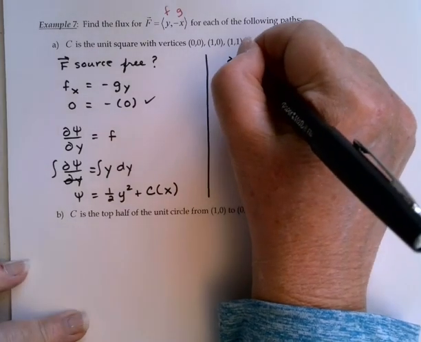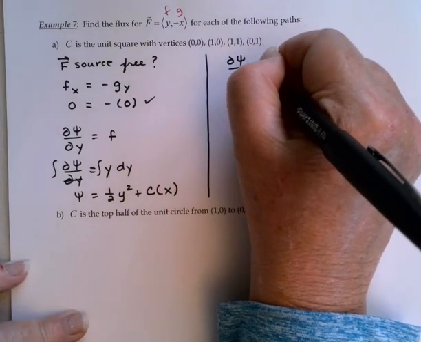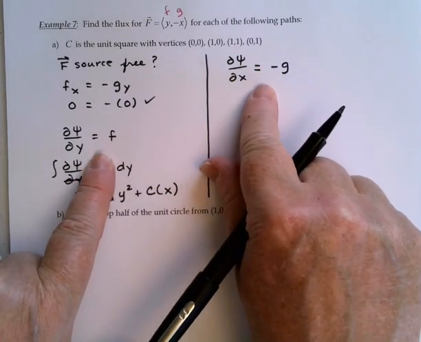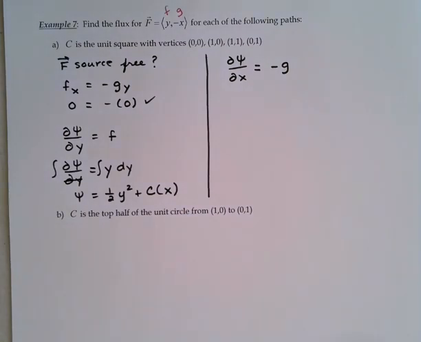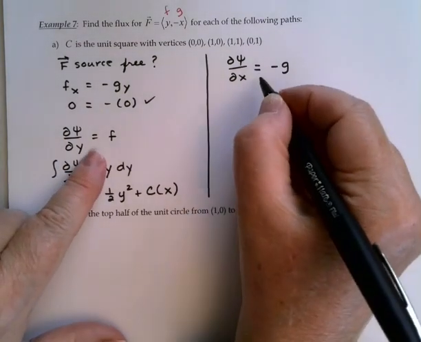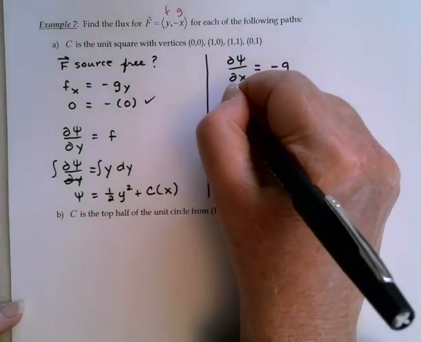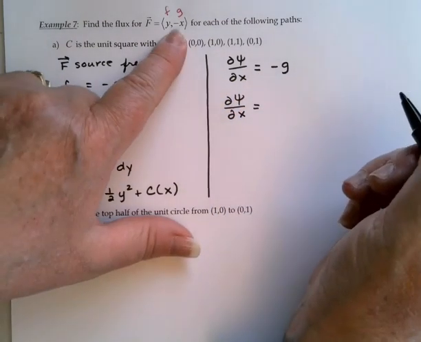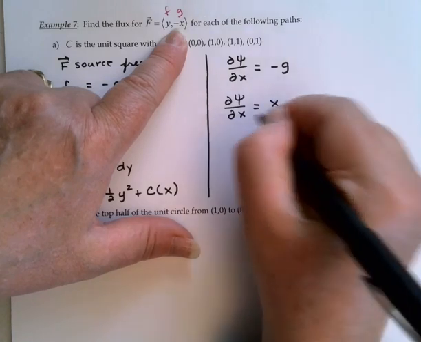And the partial derivative of phi with respect to x must equal minus g. Again, those are just 2 given equations that we use every time. We don't have the gradient this time, so we use those. Minus g would actually just be a positive x.